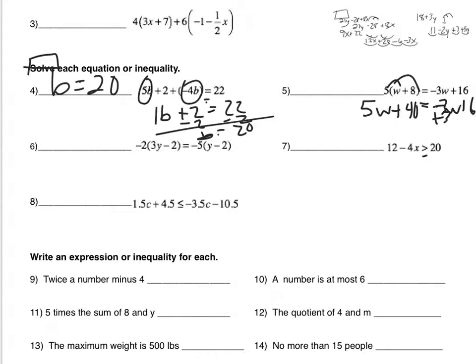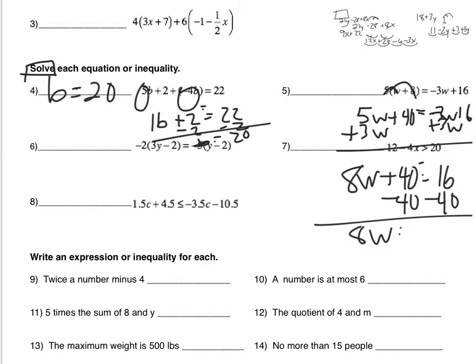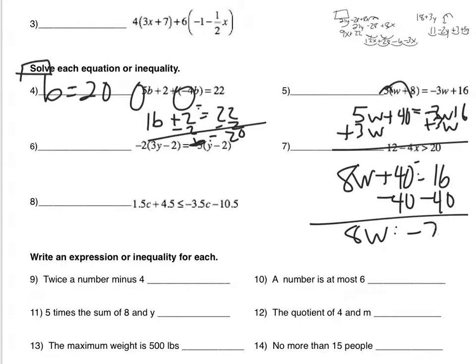I'm going to add 3w to both sides and get 8w plus 40 equals 16, minus 40 from both sides, and I get 8w equals 16 minus 40, which is a negative 24. So negative 24 divided by 8 leaves us with w equals negative 3.